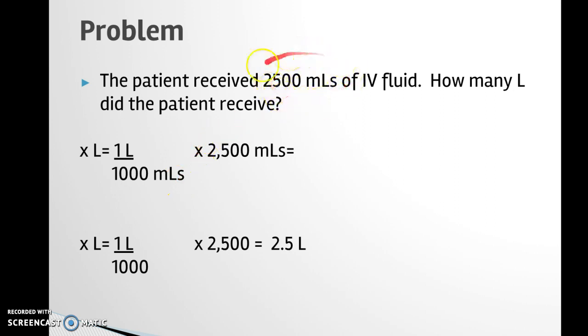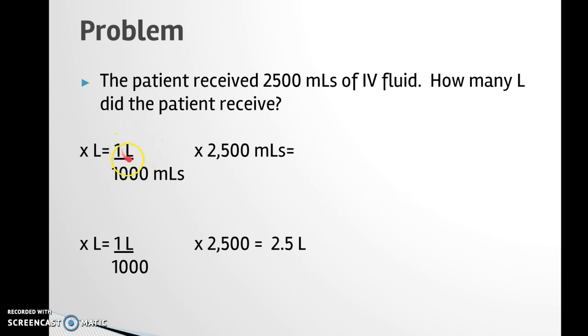And we know the patient received 2,500 milliliters, so this is what we're going to put here to cross out our milliliters. That leaves us 1 liter times 2,500 divided by 1,000, which gives us 2.5 liters.